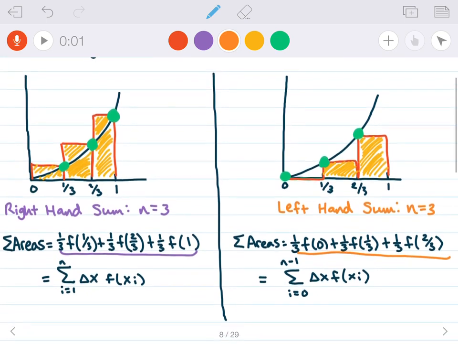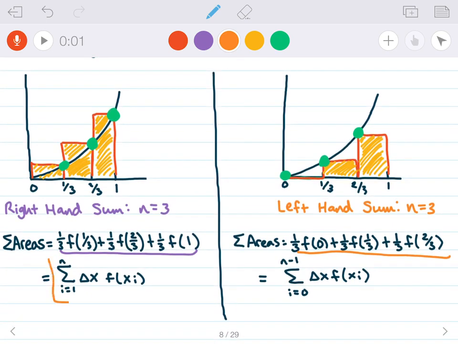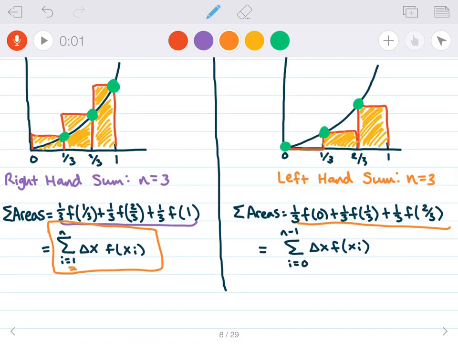So this is the notation, by the way. I'm sure you guys have seen this in a previous class, but this is called summation notation. Basically, we start at i equals 1, plug in 1, and just keep going from there until we get to n. So let's write this out in our example. We're going from i equals 1 to n, which is how many rectangles we are partitioning, or how many rectangles we have. So we're going from i equals 1 to n equals 3.